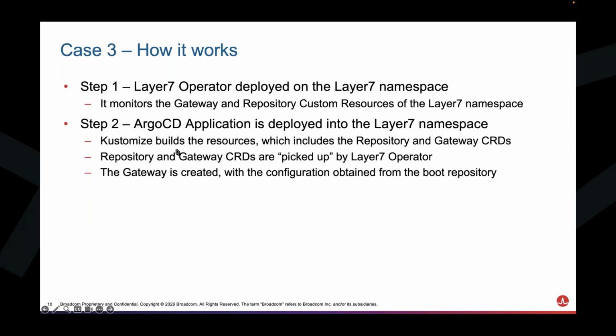Then these resources created by Argo are picked up by the layer 7 operator, and the gateway is created with the configuration obtained from the boot repository. So it's a two-step scenario, but it's pretty efficient and leverages our layer 7 operator and the corresponding gateway and repository custom resource definitions that we have.